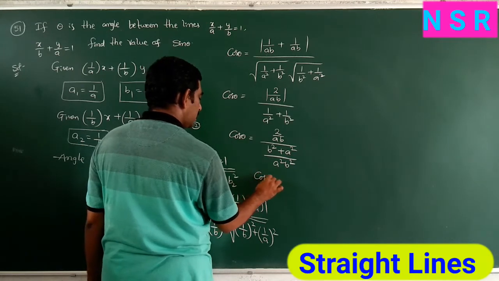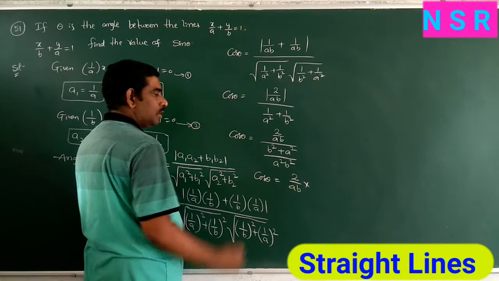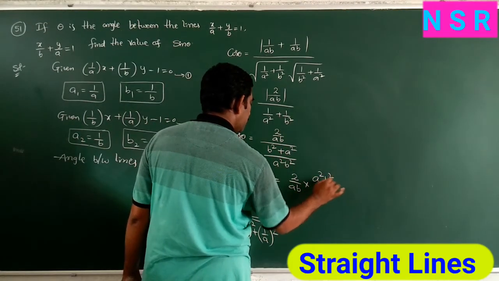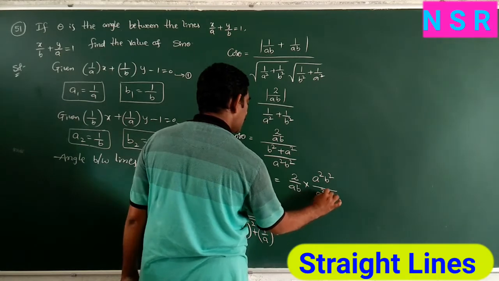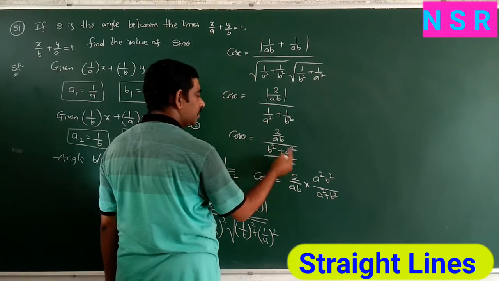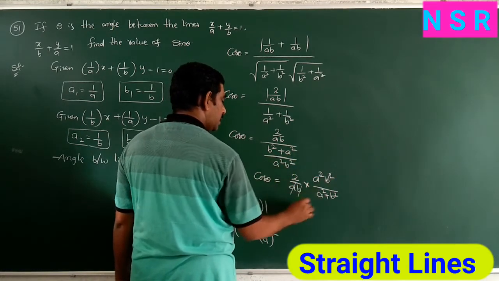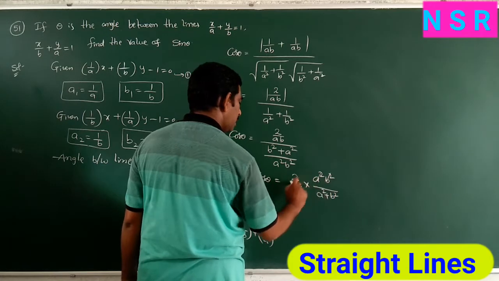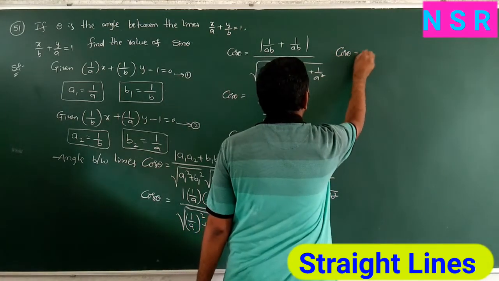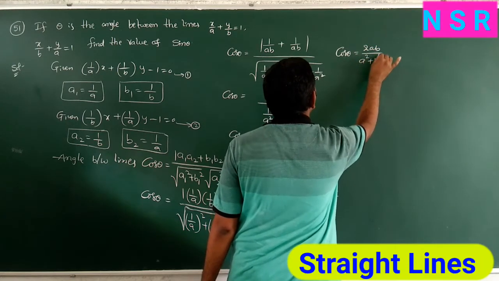Now cos theta is equal to 2 by ab into, the denominator moves to the numerator, reverse the term, a square b square by a square plus b square. Both are the same, so one a and one b cancel, here again we have ab. Now cos theta is equal to 2ab by a square plus b square.